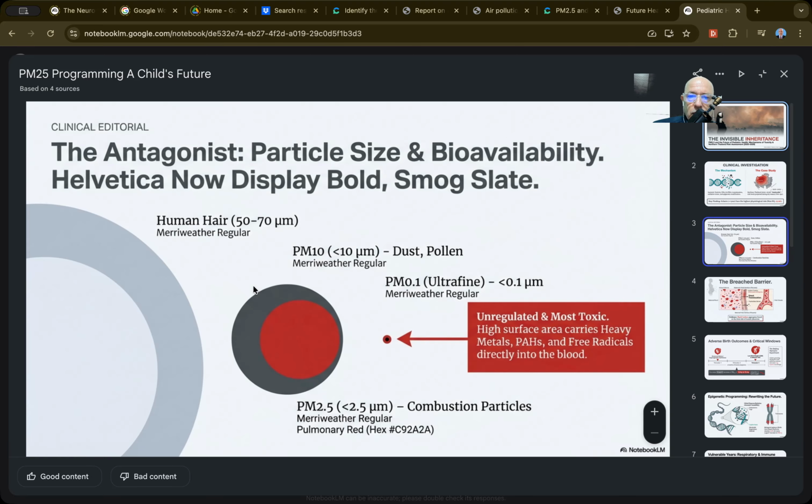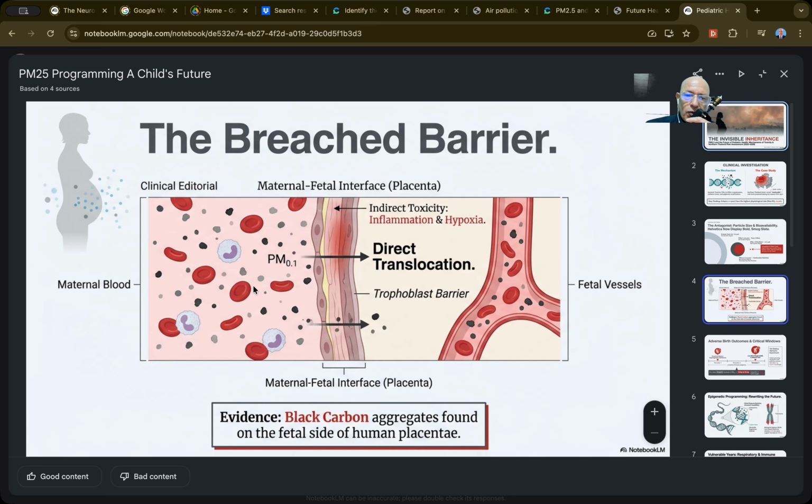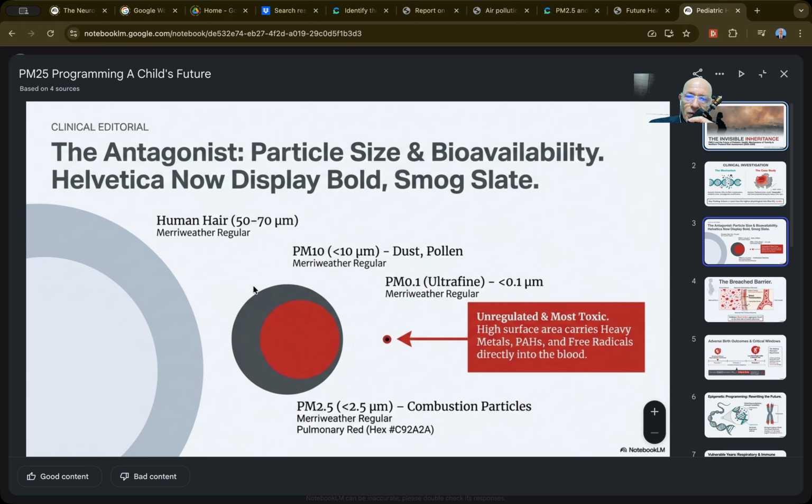That is extremely useful graphic of some of this particulate matter, human hair and dust, and all of that. That's a really interesting graphic that it created.